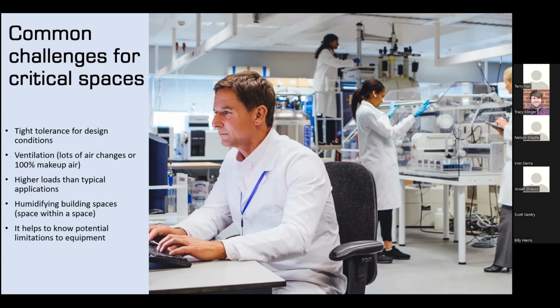With very, very limited downtime, because everything they're working on is super critical and super expensive, we need to bring in things like redundancy and reverse osmosis water, just to make the humidification process as fail-safe as possible. That plays into having higher loads than typical 20% outside air applications.